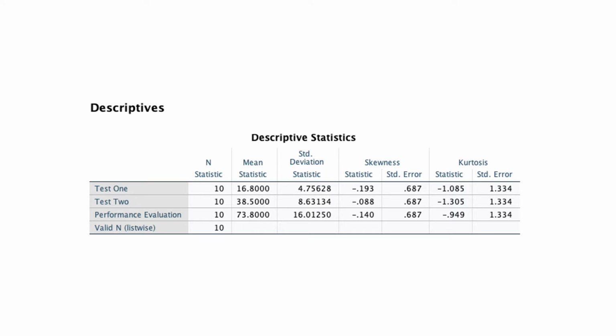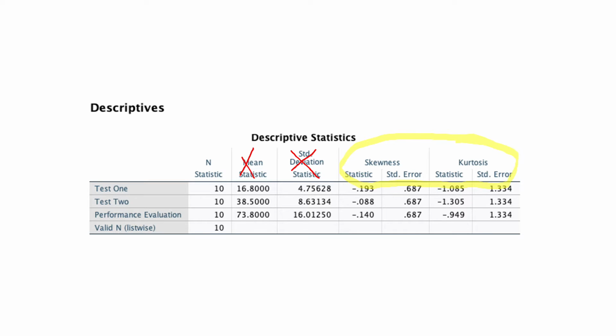Okay, in this descriptives that SPSS gives you, notice that you get your means and, of course, their standard deviations that go with them. And then over here, we get our distribution. Is it skewed or is it within the range of normal?